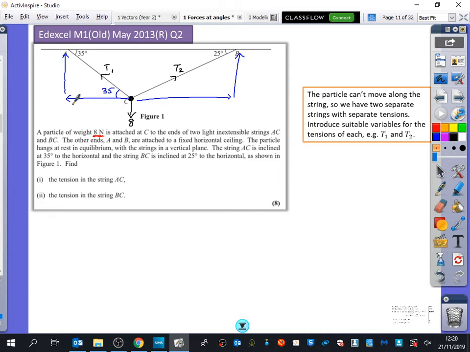It's T1 cos 35. Oh, did you do it with A on yours? Okay, sorry. And so then the other one is obviously T1 sine 35, running along this direction, which we've already got there, so I don't need the arrow. This angle is 25, so similarly, T2 cos 25, T2 sine 25.